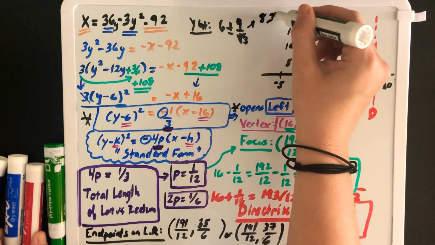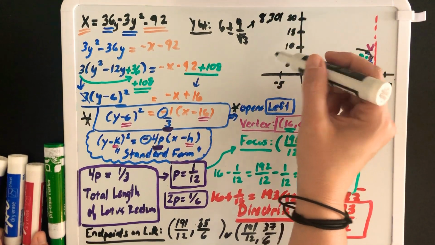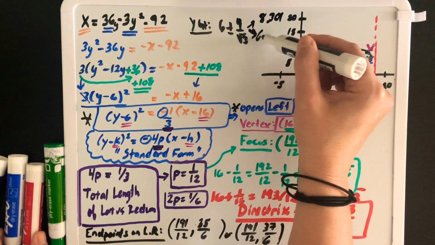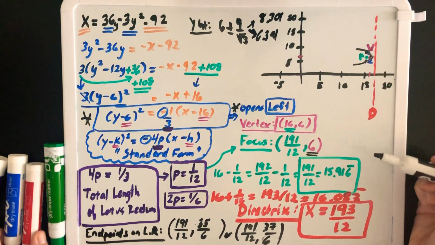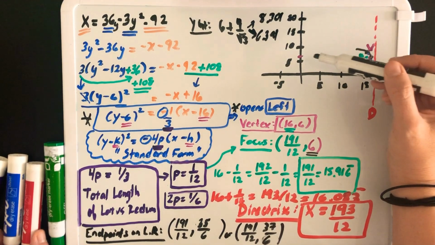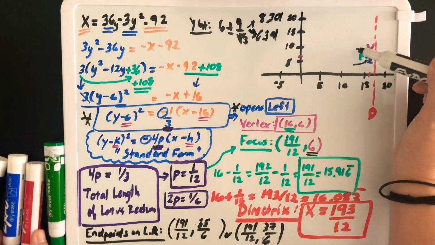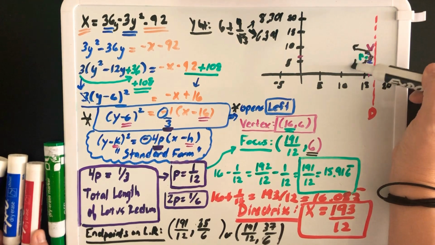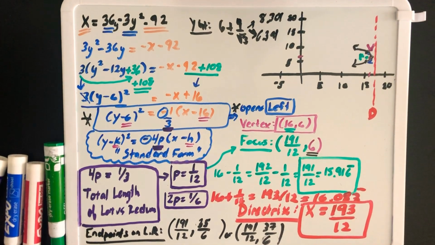So those would be your y-intercepts, and you could put those on your graph and get an even better sketch. That would help you to continue to get this picture even clearer. So that would be the idea here.